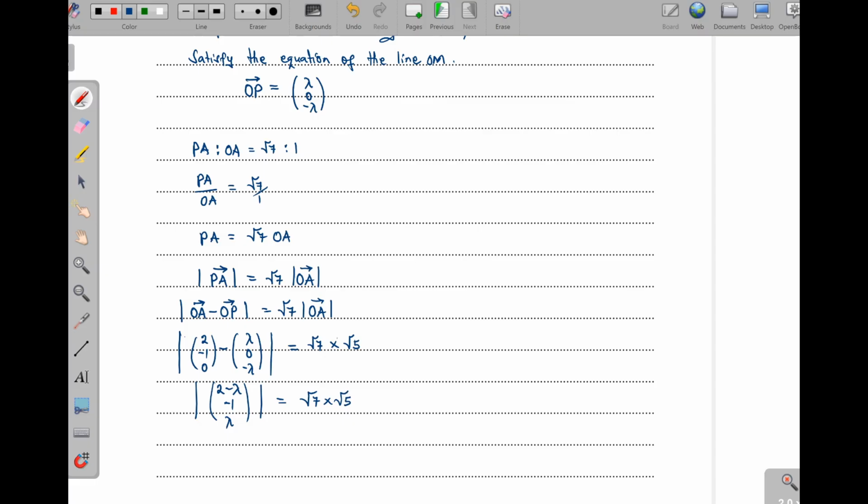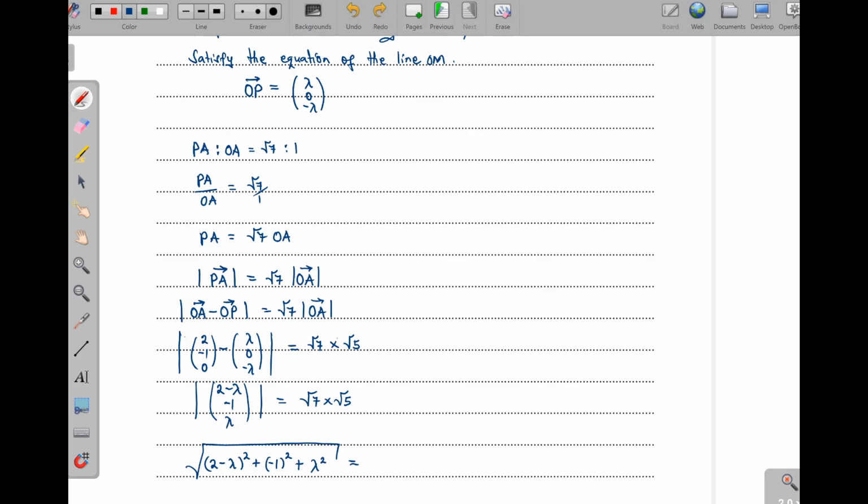Then how do we get the magnitude here? We shall have 2 minus lambda squared, then plus negative 1 squared, then plus lambda squared under the square root, not so?